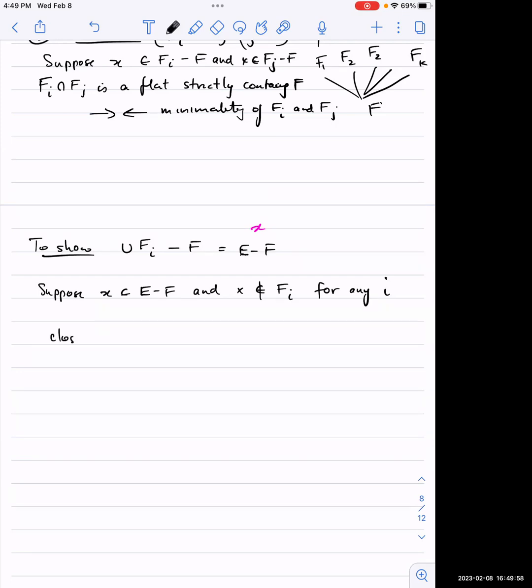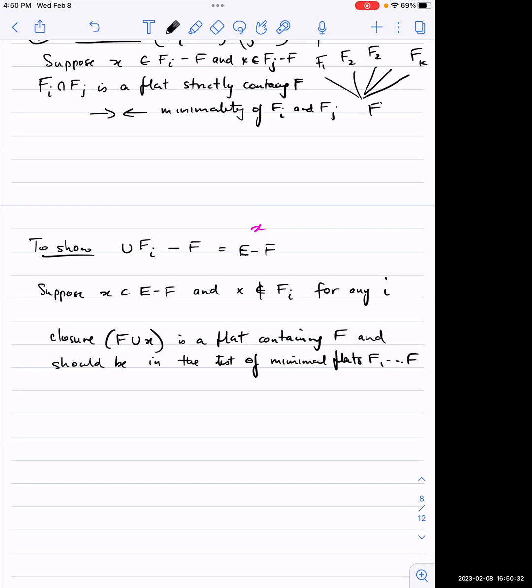Then closure of F union X is a flat containing F. It'll contain F and should be in the list of minimal flats F1 to Fk, and it's not.